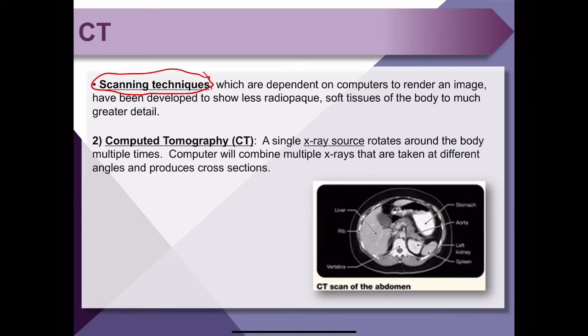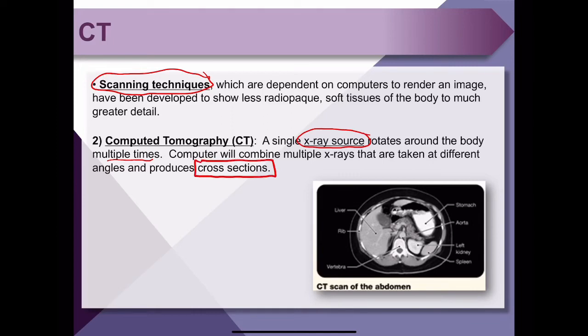One of those is called computed tomography. We all know it pretty well as the CT scan. It involves a single X-ray source, so still radiation, but a single X-ray source that rotates around the body multiple times. The computer combines those multiple X-rays, taken at different angles, and produces images of cross sections of the body.